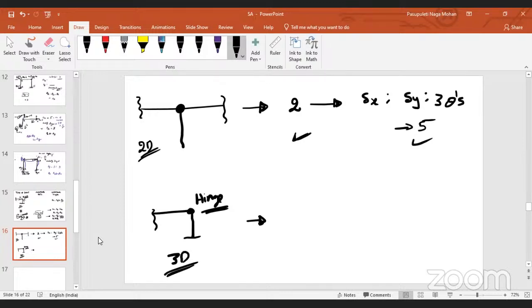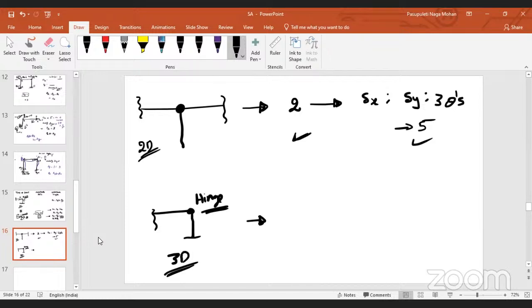If it is a hinge, resisting movement will not be there. Resisting movement is 0. What is the difference between 2D and 3D? In a 2D, how many movements are possible? 1. In a 3D, how many movement directions are possible? 3.